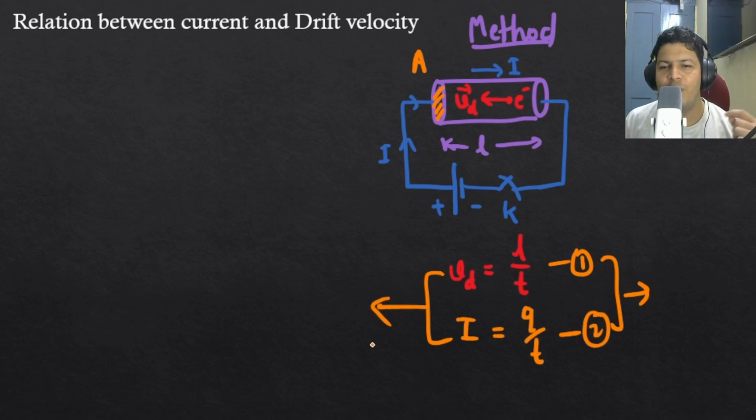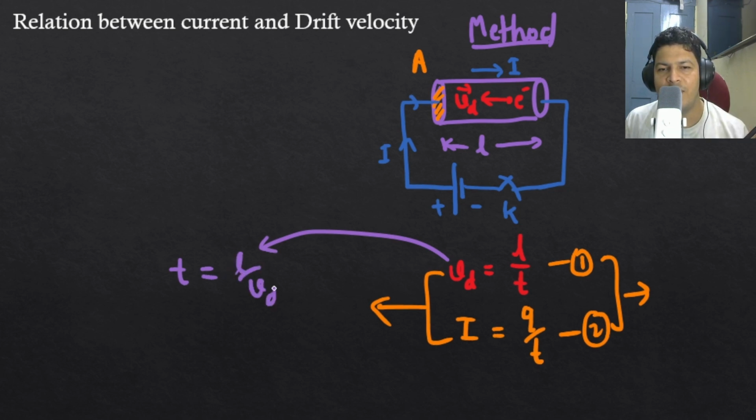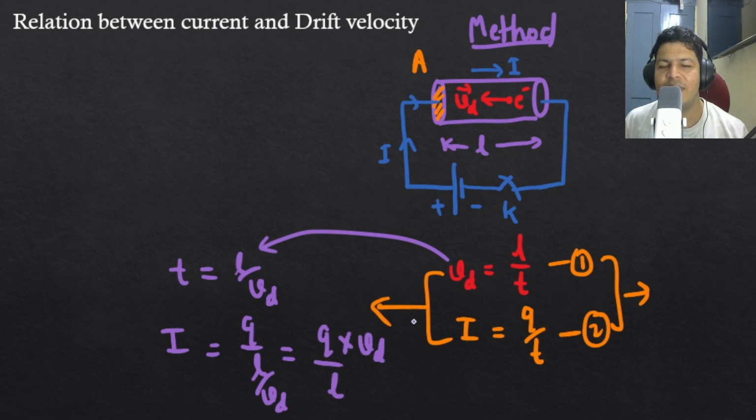From this, you need to understand: if I put the value of time from equation 1, the value of time is L upon Vd, distance upon speed, and current is charge upon time, so it becomes charge times Vd upon L. Is that okay?